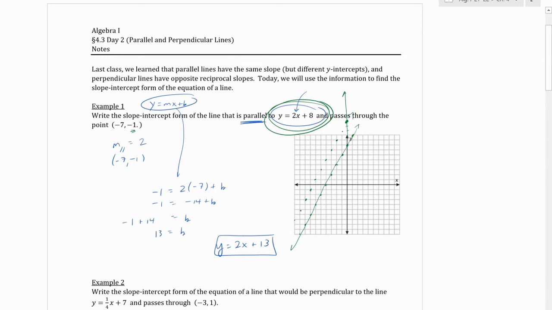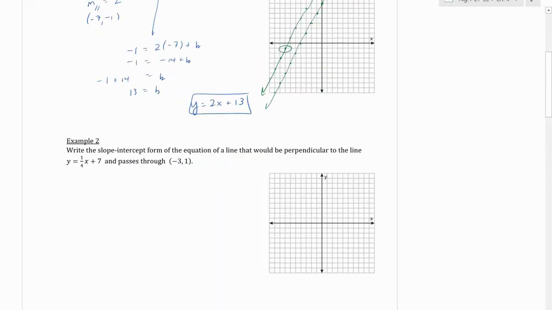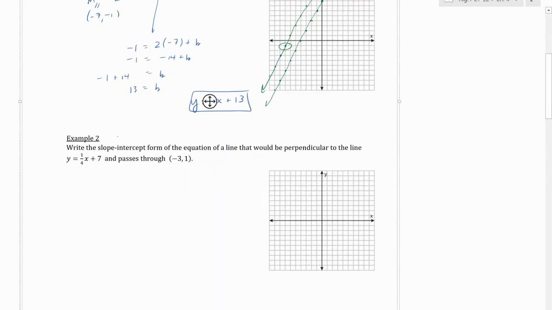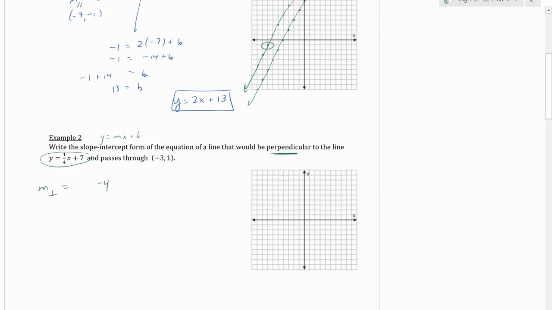Ooh, that was crooked. So there's this new line that's parallel to the first line, and yes, it does go through the point -7, -1. Okay, so this one, slope-intercept form of a line perpendicular to this line. Perpendicular slopes are opposite reciprocals.